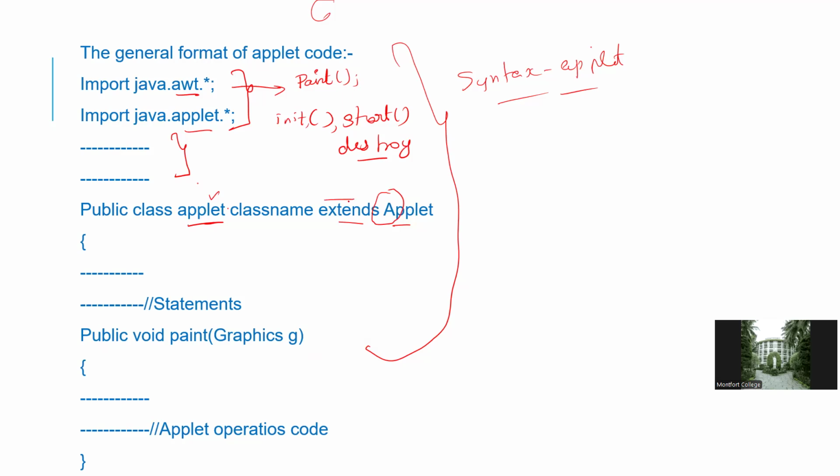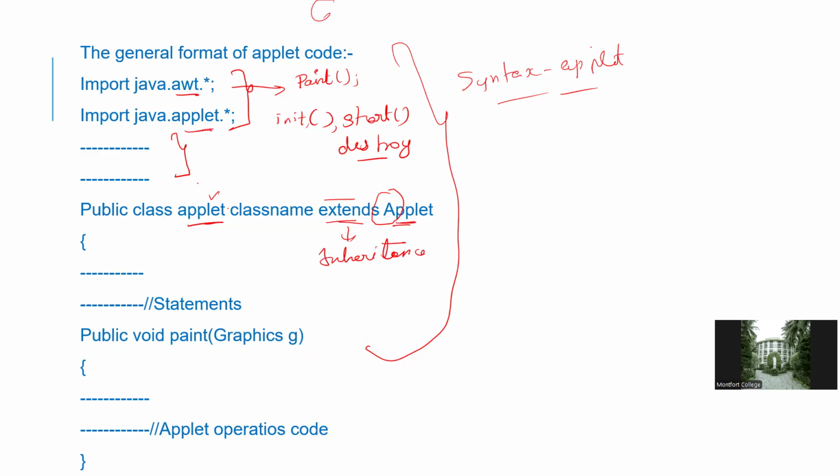The extends keyword we use for inheritance purpose. So what are we inheriting here? We are inheriting the applet functions, some of the variables from the applet package.